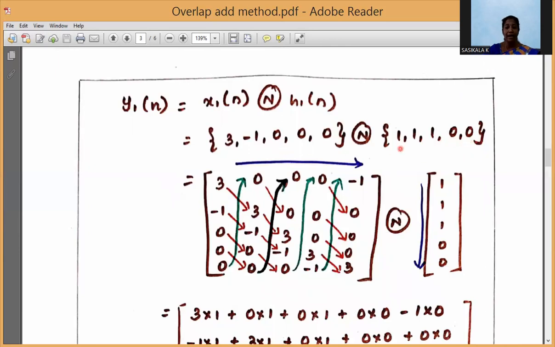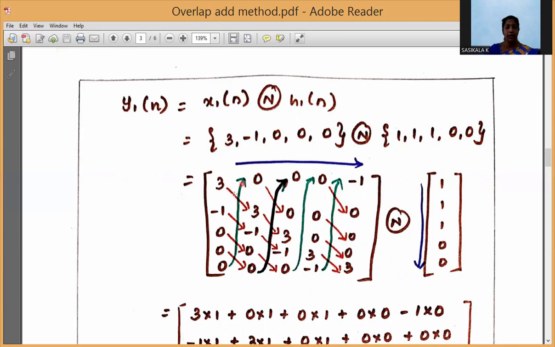Now you have to write this in the matrix format. Okay, so here I have written 3, minus 1, 0, 0, 0. So the first column's last element is taken to the second column, first row's second column.